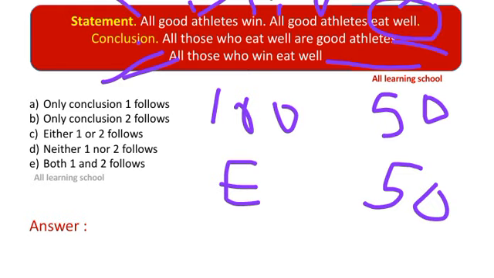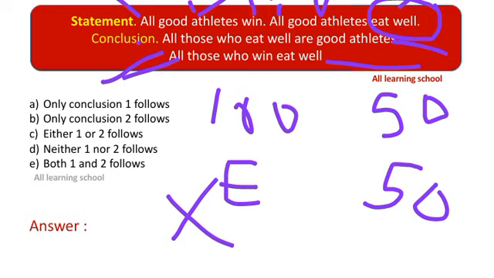But according to the first conclusion, its expense is 100. According to the rule, expense could never be greater than income. In this case, expense is 100, income is 50. As expense is more and income is less, it will be wrong. According to the rule, the first conclusion will be wrong.